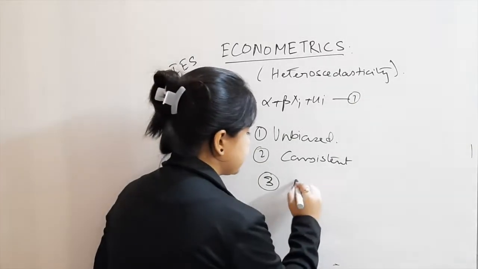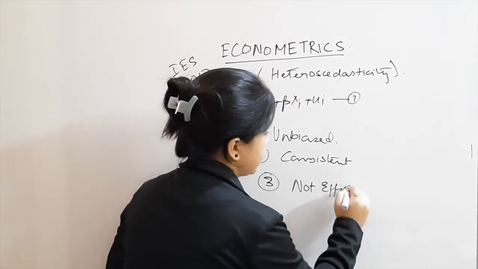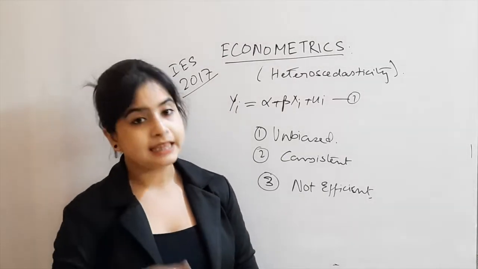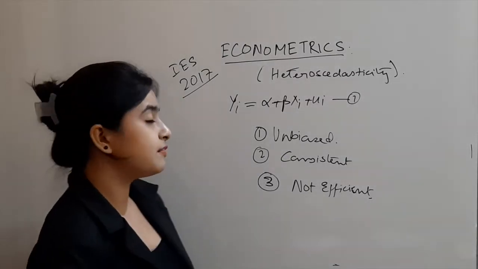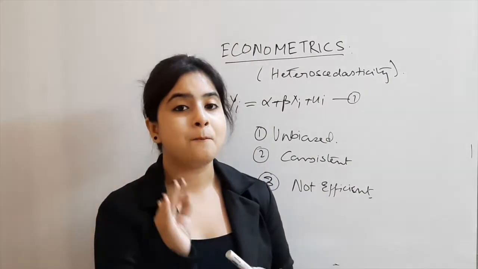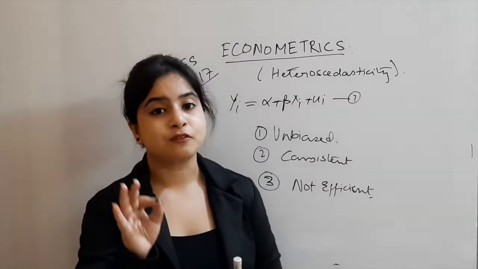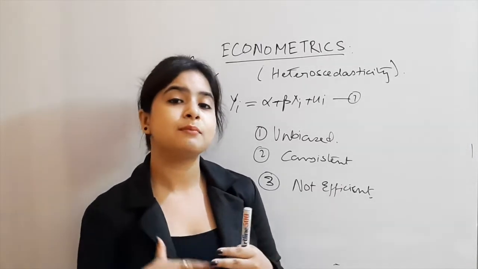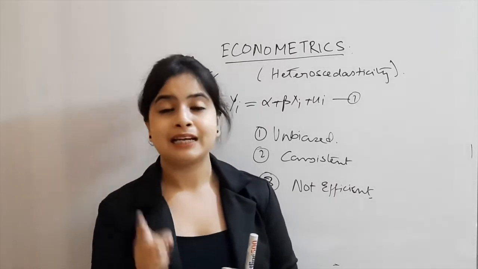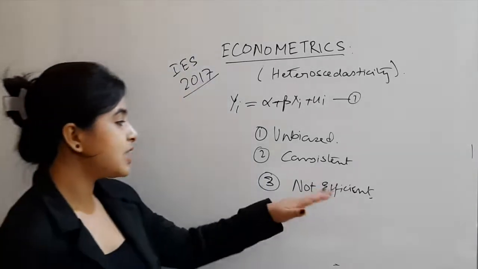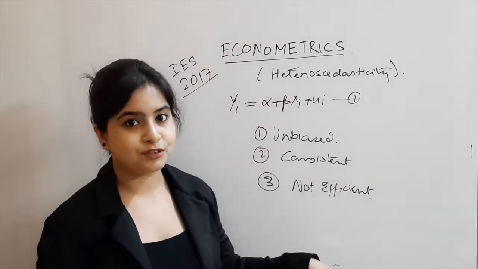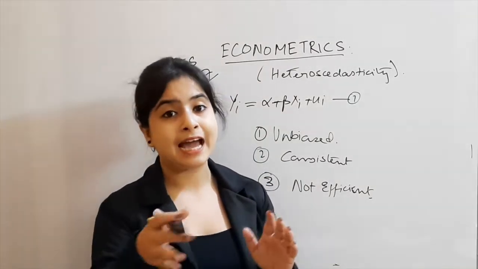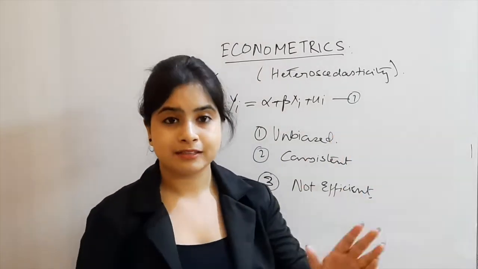So what exactly do we mean by not efficient? This says that the variance will not be the minimum variance. That means the variance will not be the minimum most that it has to be. So in that way, the variance is not efficient. Okay, so this is the definition of heteroscedasticity and its effects on the particular system or model.